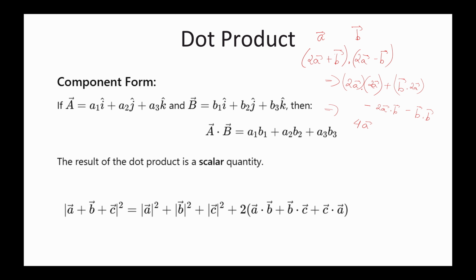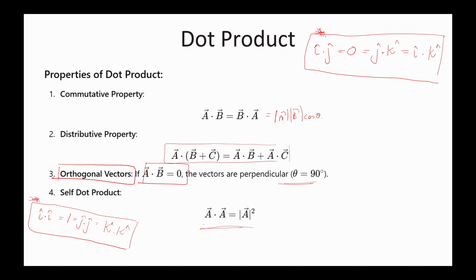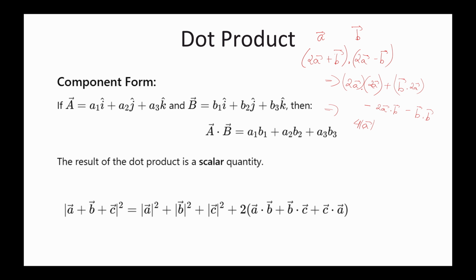This would become 4 a vector modulus square, because we just studied that if self dot product is taken, then its magnitude square becomes our answer. So that is exactly what we have done here. Minus b vector modulus square, and from here of course we can write b vector dot 2a vector in other ways as well: 2a vector dot b vector. So these two become the same, these two get cancelled, so it becomes 0.